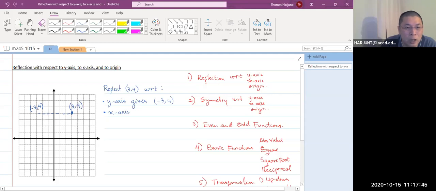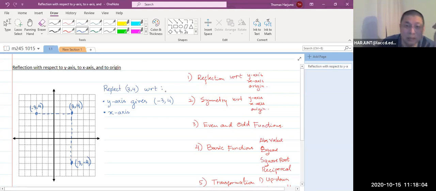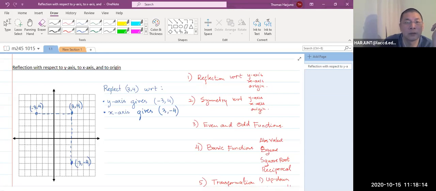And then when I reflect that with respect to the x-axis, the x stays the same, the y is the one changing. Is it okay? Right? So if I reflect the coordinate 3, 4 with respect to the x-axis, the x stays the same, the y is the one that gets the opposite. Am I okay so far?